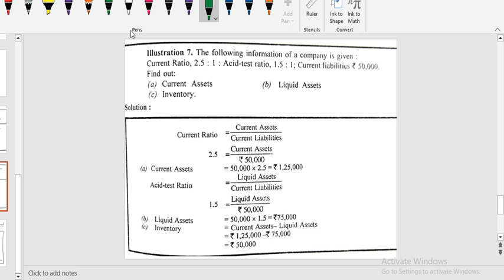As discussed in the last sum, current ratio is current assets divided by current liabilities. The current ratio they have given is 2.5. So 2.5 equals current assets divided by current liability.